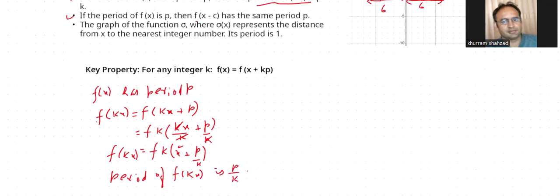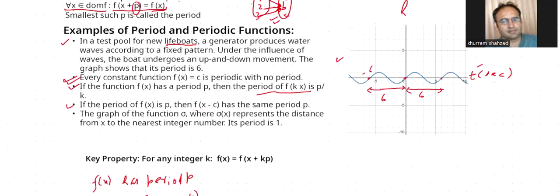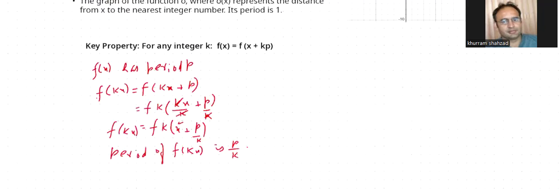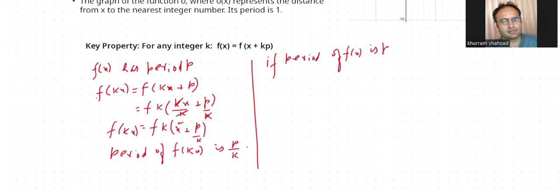Okay, now I'm going to the next example, this one. If the period of f of x is p, then f of x minus c has the same period p. How can we prove this one? If the period of f of x is p, then what is the period of f of x minus c?